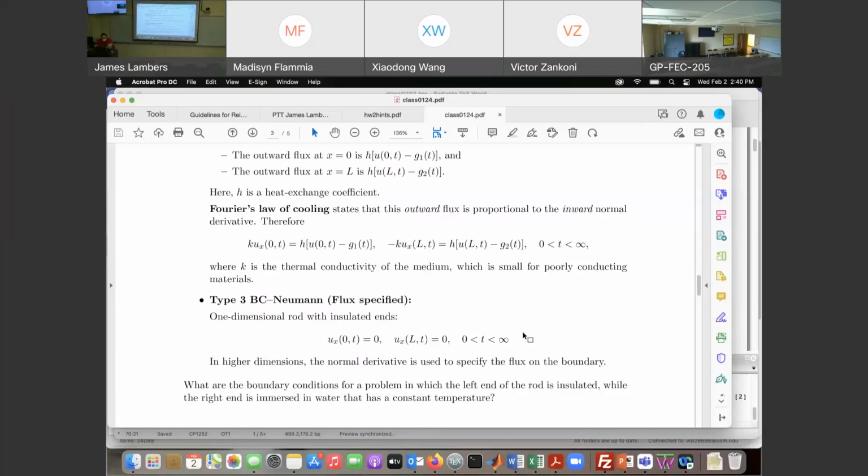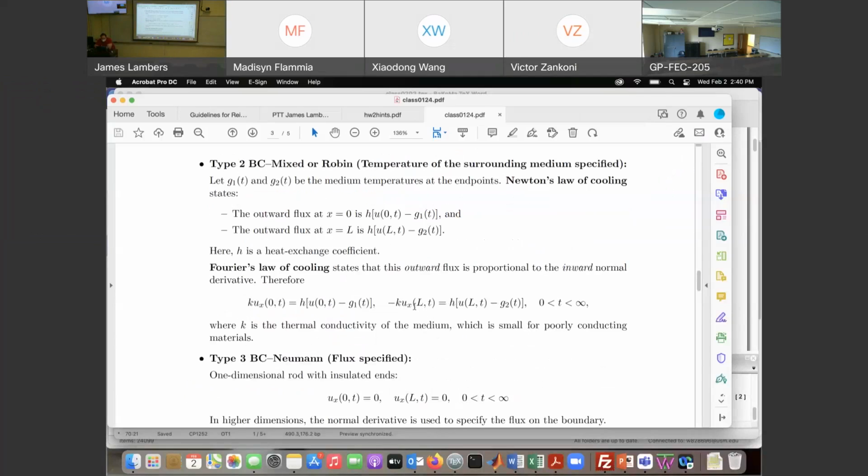Okay. Here's from the lesson pre-notes the general type 2 boundary conditions, where you have a temperature of a medium specified rather than the temperature of the object. So what we have here is the right side in both cases is the outward flux, and you can see the difference between the temperature of a rod and the temperature of the surrounding medium, which in this example is 0.